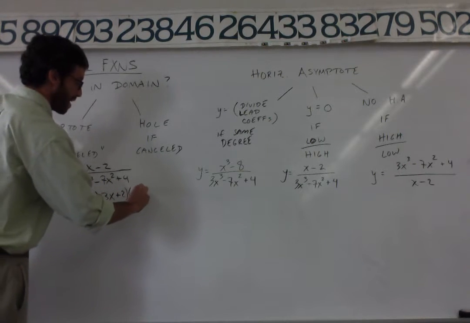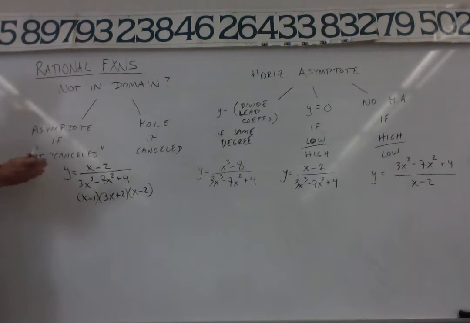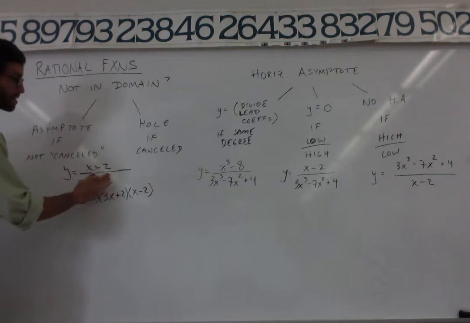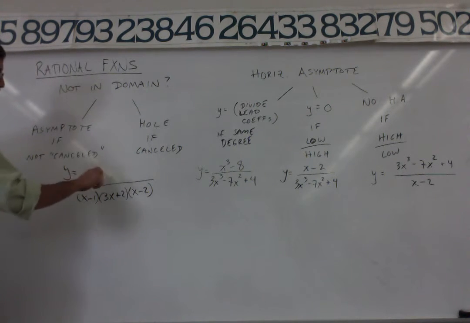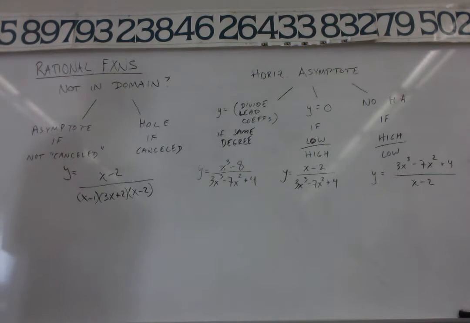So we have a problem where the denominator factors like this. I can even erase this and just replace it with this problem. Say this was the original problem; I've just factored it for you. Always a good idea to factor the denominator to start anyway.